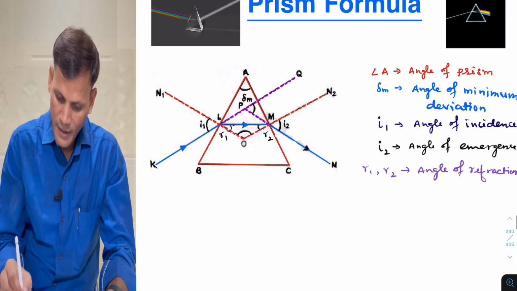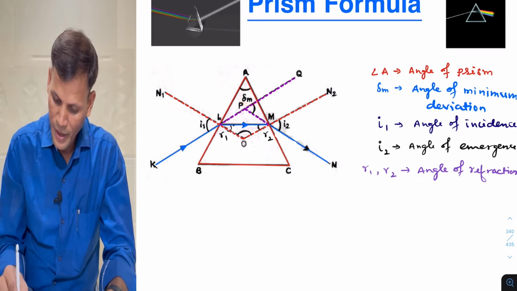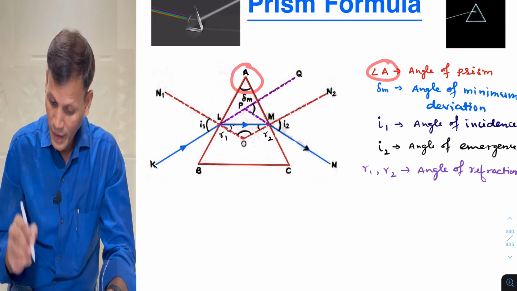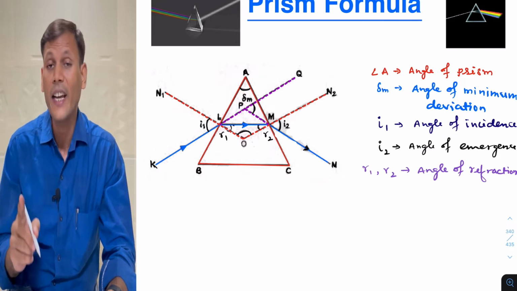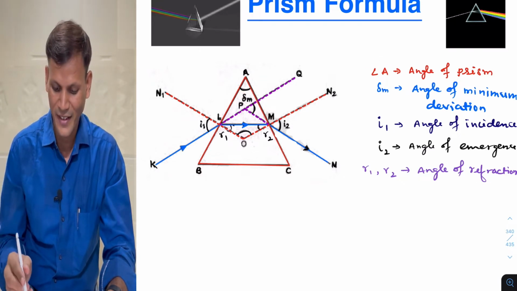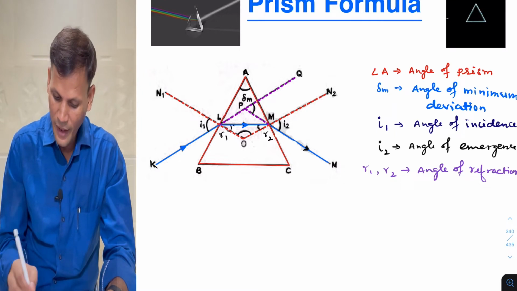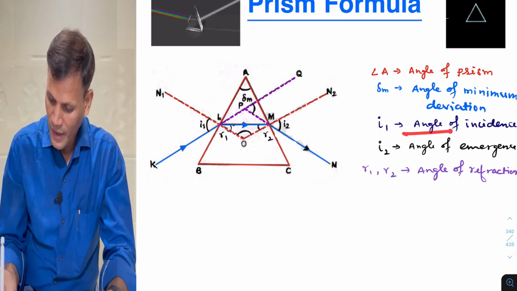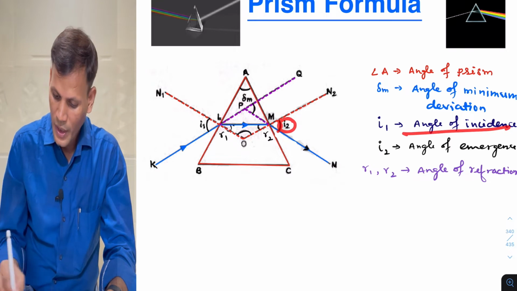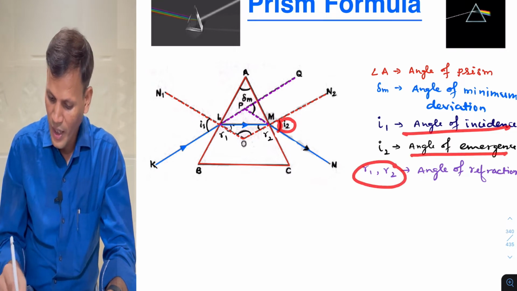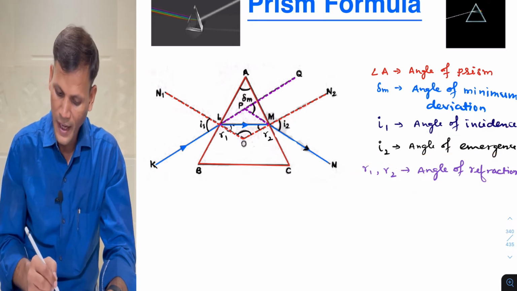Delta M, as I mentioned, is the angle of minimum deviation. A is the angle of prism or refracting angle of prism. I1 is the angle of incidence. I2 is the angle of emergence. R1, R2 are the angles of refraction.